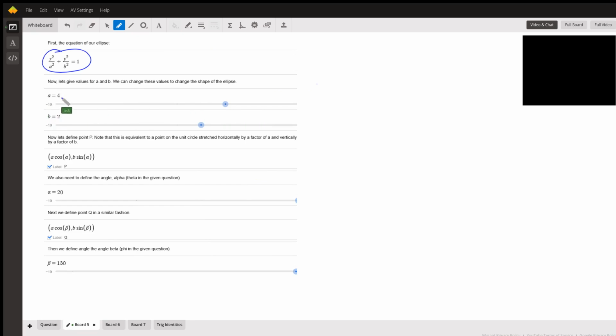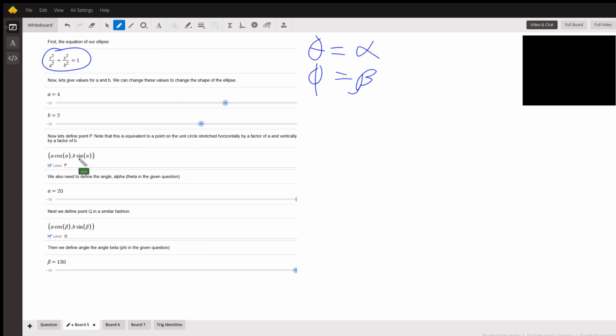So starting with our equation of the ellipse, you're going to see me use A and B here. I put in values, because I took it from Desmos. And also you're going to see that instead of theta and phi, I'm using alpha and beta as my angles. So first I defined point P and I defined point Q. I gave them values because I had to in Desmos.